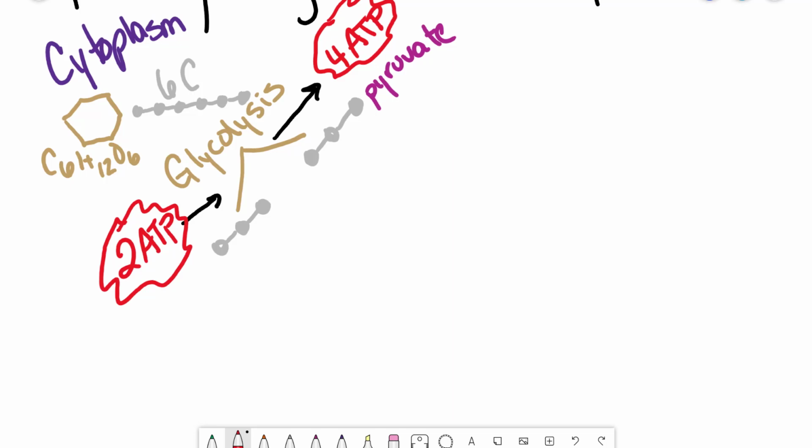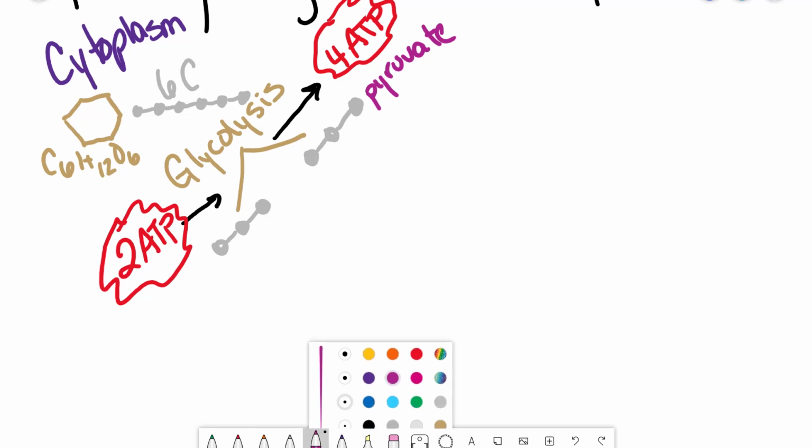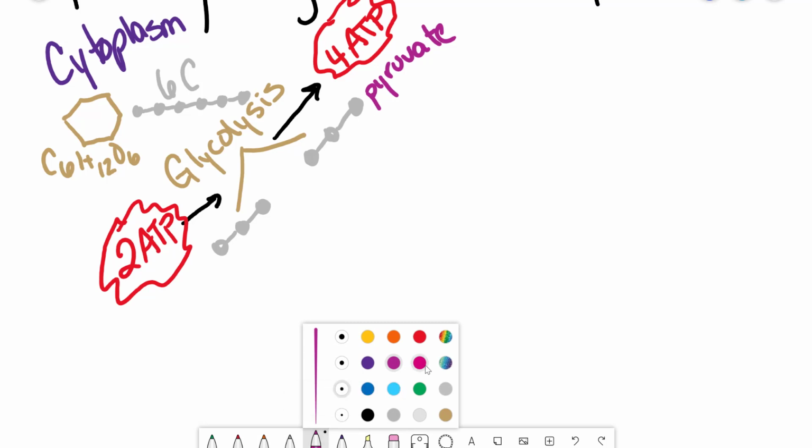We are also going to make something called NADH, which I don't necessarily want you to know, but we need to call them something because they're going to be very important later. So I am going to call them high energy compounds, and I will abbreviate that HEC. So basically we are going to make these high energy compounds as well.